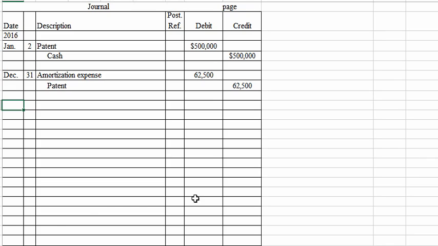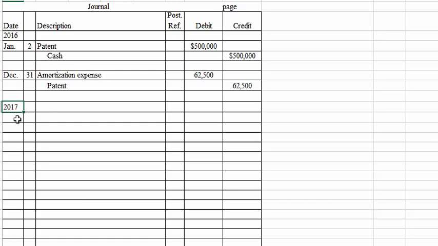Okay, so let's continue. Next, we need to make entries for 2017. The only entry there would be our amortization expense again at the end of 2017. So we've got December 31, and it's the exact same entry that we made at the end of 2016.